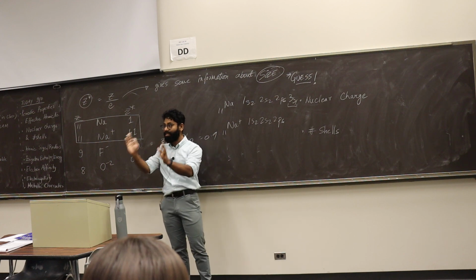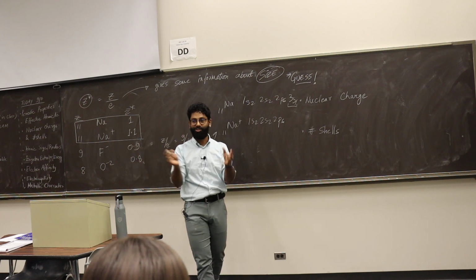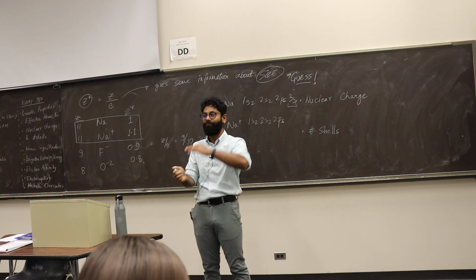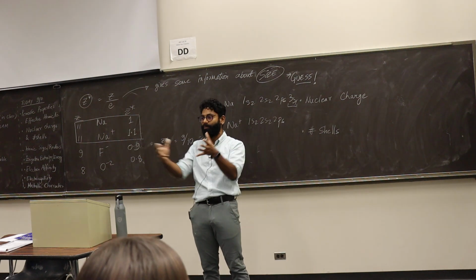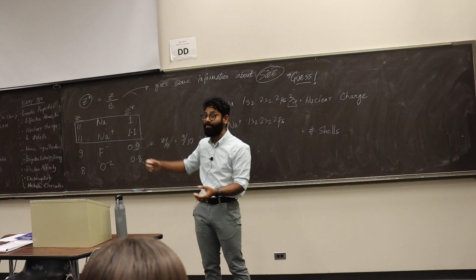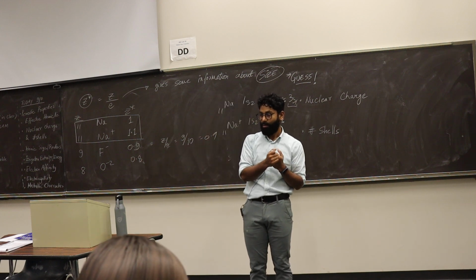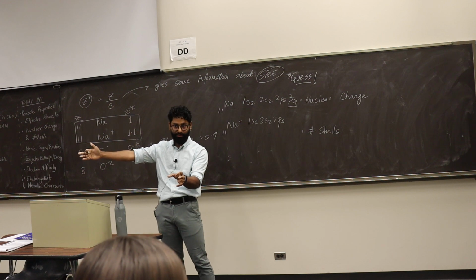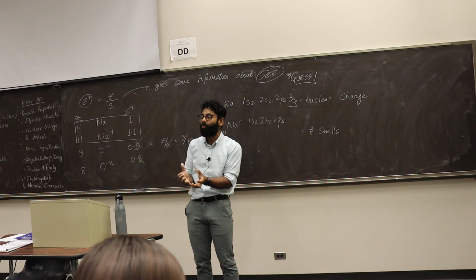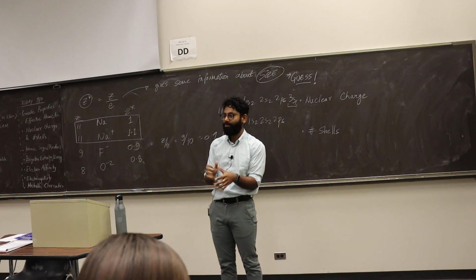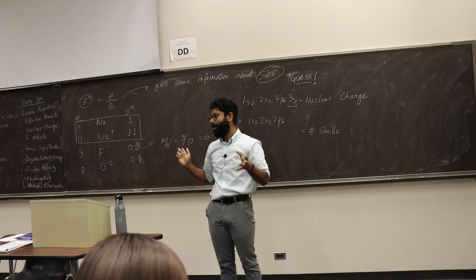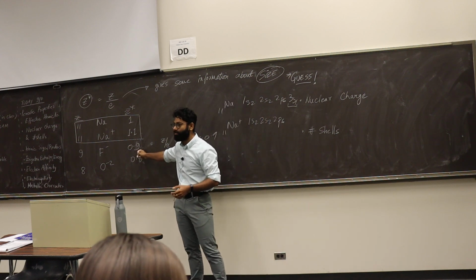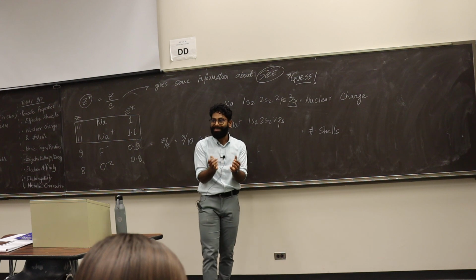If Z star means the general pull, and 1 is the normal amount of pull, a 1.1 will mean more pull. Pull between what? The nucleus is pulling the electrons. If you're pulling the electrons more, you're shrinking it. That's the general concept. So why did it decrease? Why did the pull decrease?